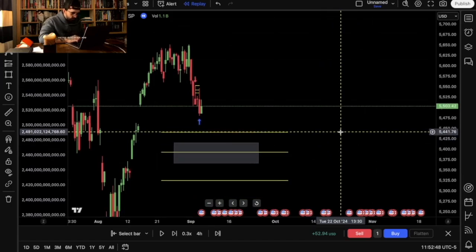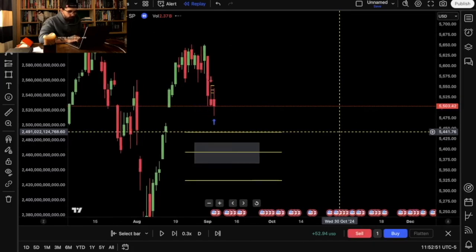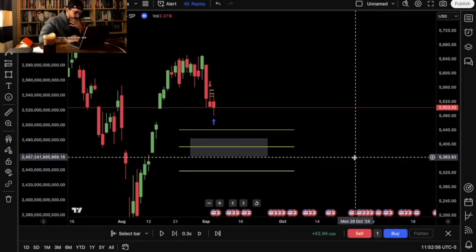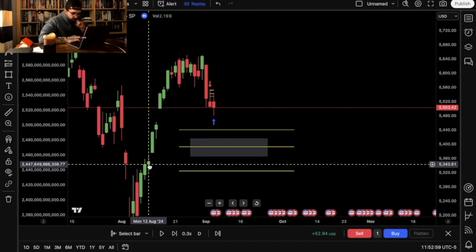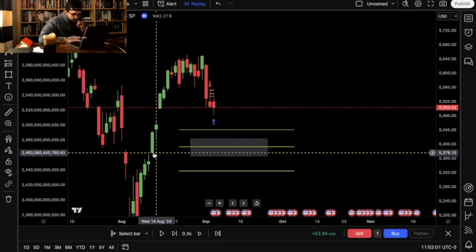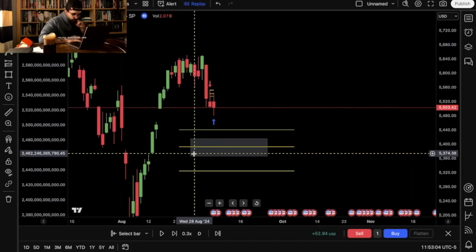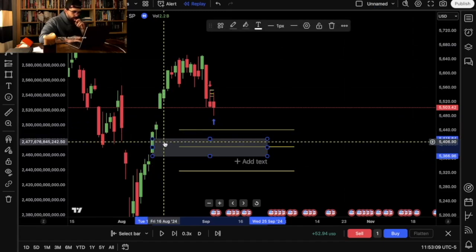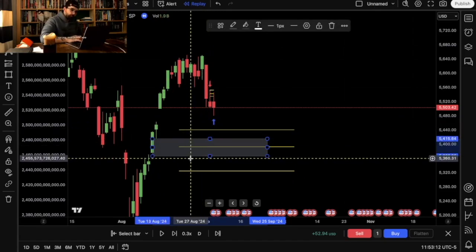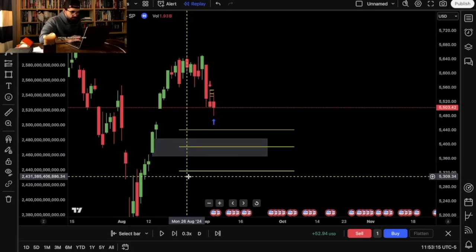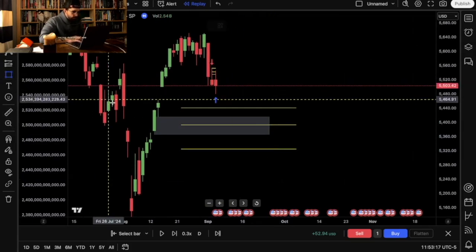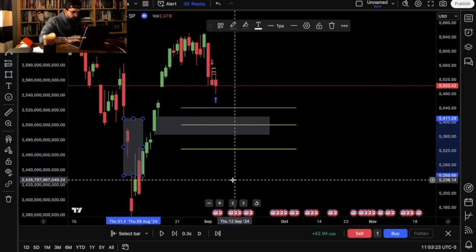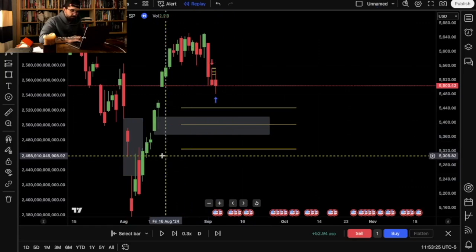And to do this, we layer them with fair value gaps. Okay. So fair value gap is simply if we have a green candle, from the wick, another green candle, and then from the wick of the third candle, all that open space becomes fair value, right? And the same thing can be said for red candles. But this video is not on fair value gaps.